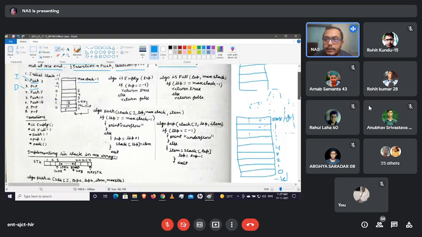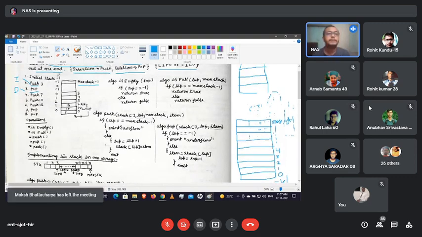Now look at this particular set of steps that has been given. On the first line, it states initial stack minus 1. This is different, this is not the count. The initial position is stack minus 1.